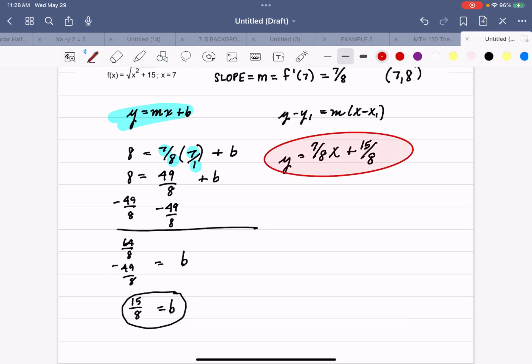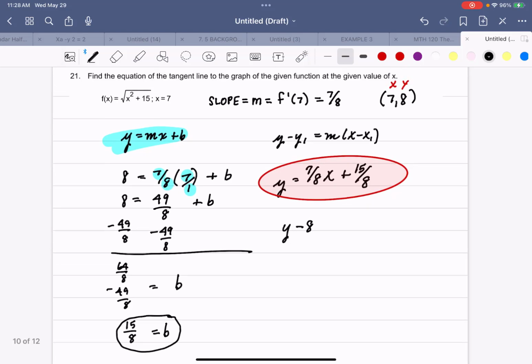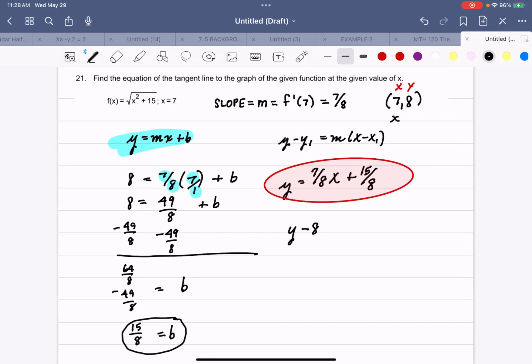If you prefer the second method, it can be very similar. You're going to go y minus 8, because look, you still have x1, y1 up here, equals m, 7/8, times x minus 7. And so I end up with y minus 8 is 7/8 x minus 49 over 8.